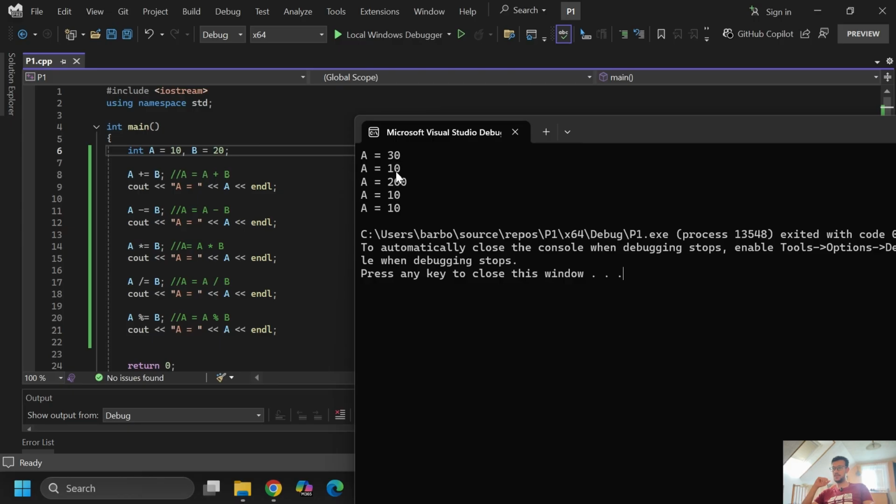A is stored as 10 because 30 minus equal b, which is 20, is exactly like a equal a minus b. 30 minus 20 gives us 10. And now a has 10. So 10 multiply 20, a multiply equal 20, exactly like a equal a multiply 20, gives us 200, and 200 divided by 20 gives us 10, and 10 mod 20 gives us 10.